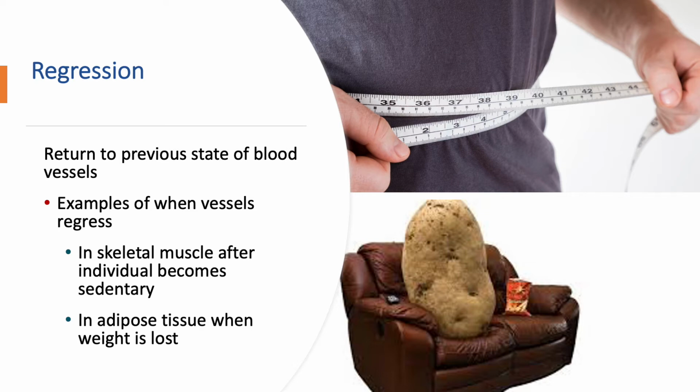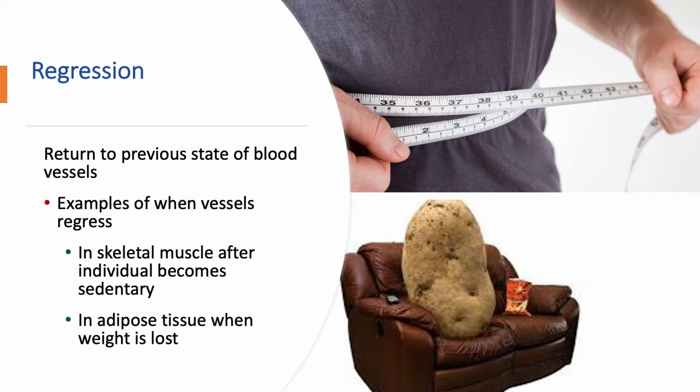You need to supply those skeletal muscles with more oxygen and nutrients. Then let's say you take on a sedentary lifestyle. So we have this couch potato down here, this image. Well, then we don't need to supply those muscles with much oxygen and nutrients anymore. And that's when we'll experience regression, which is a return to the previous state of blood vessels. Okay, we don't need as much oxygen delivered to those tissues anymore.